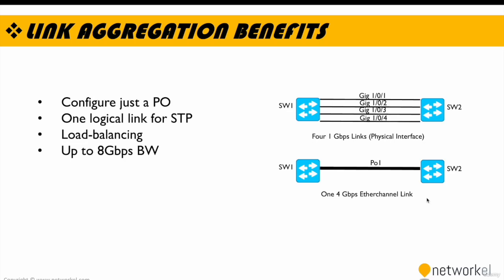Third, we can do load balancing between separate links, as I told you before. And lastly, we can provide higher bandwidth, up to 8 gigabit per second, by combining different speeds of the physical interfaces.